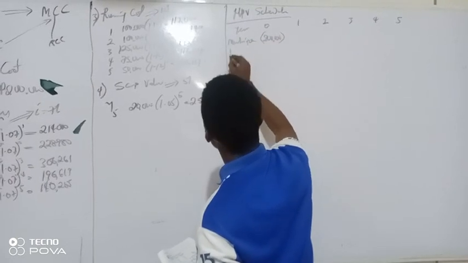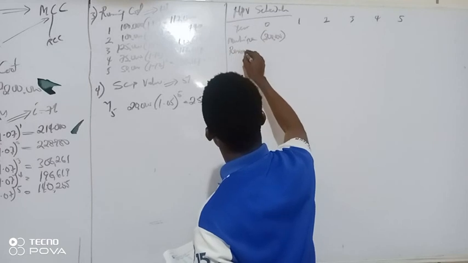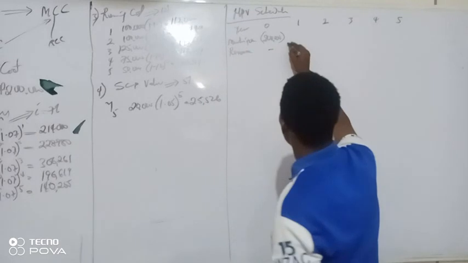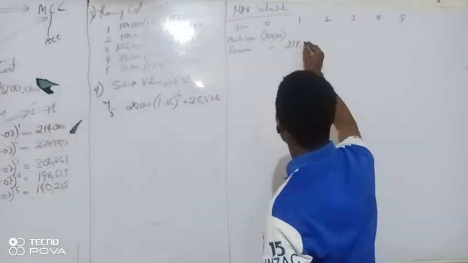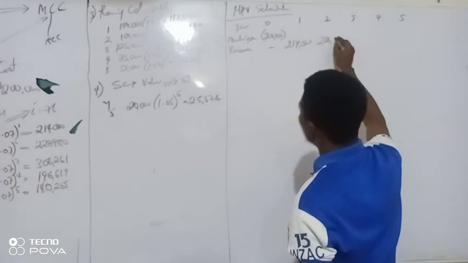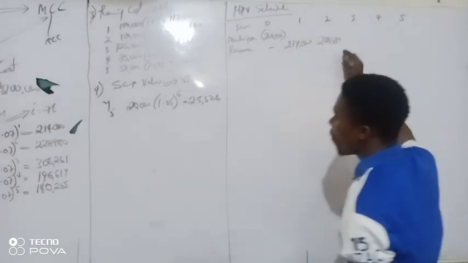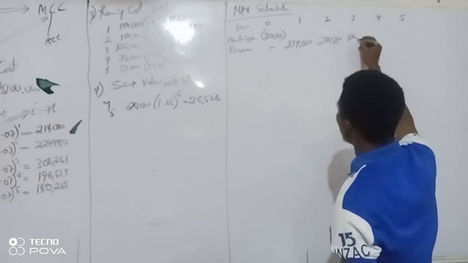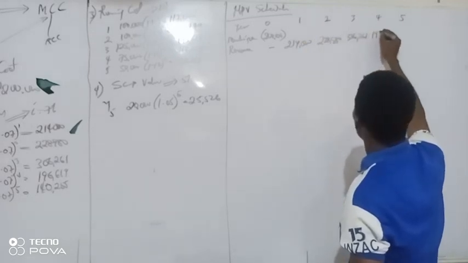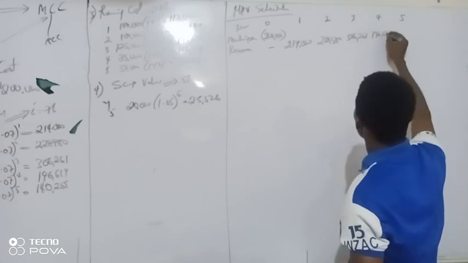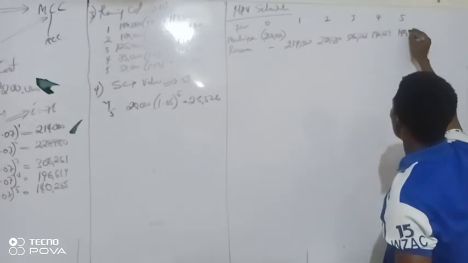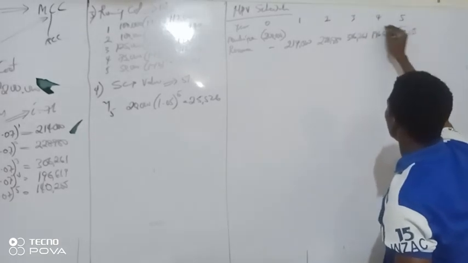Then our revenue, just bring all our money cash flows: 214,000, 228,980, 261,306, 196,619, 140,255.